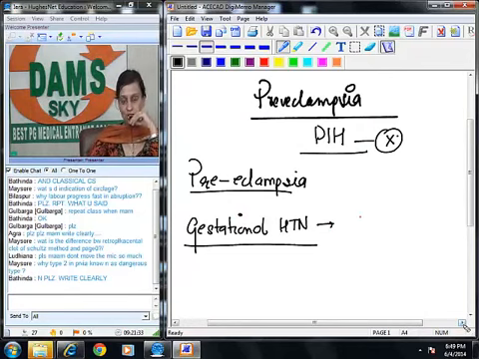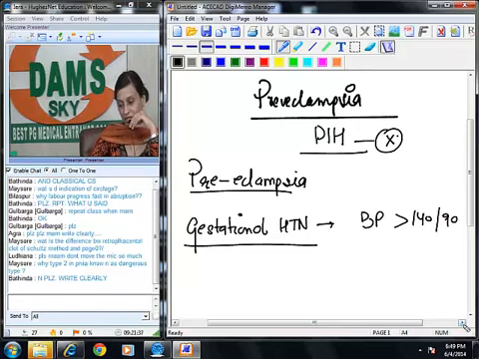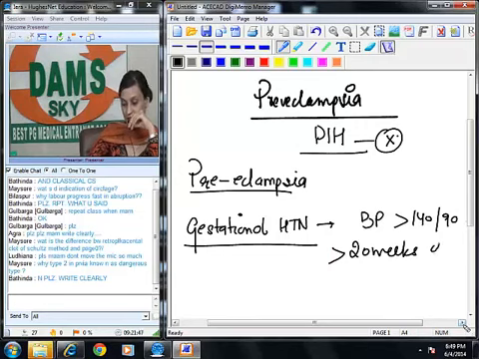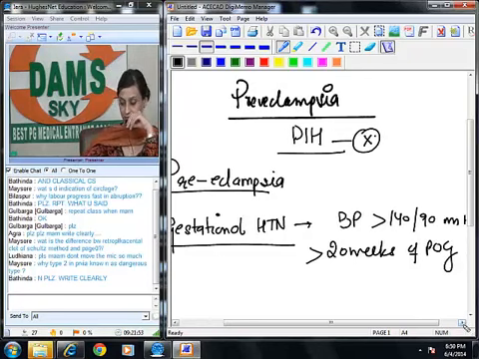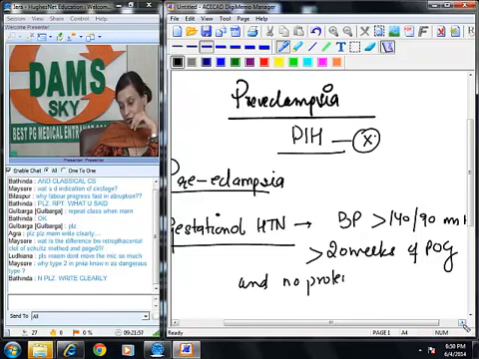Now gestational hypertension is a blood pressure of more than 140 by 90 millimeters of mercury beyond 20 weeks of period of gestation, and no proteinuria.